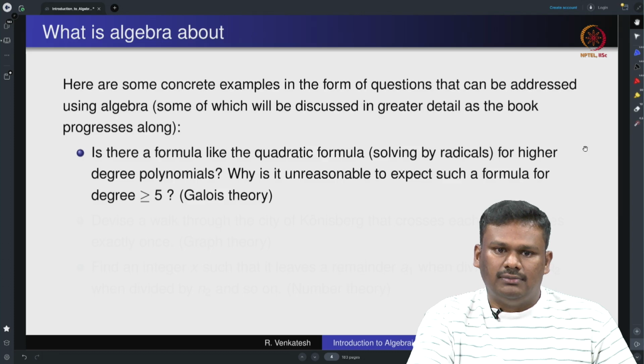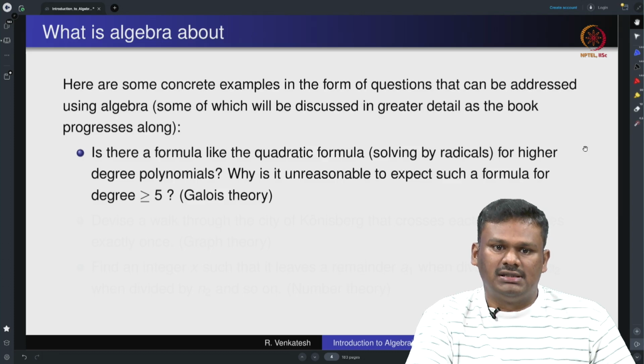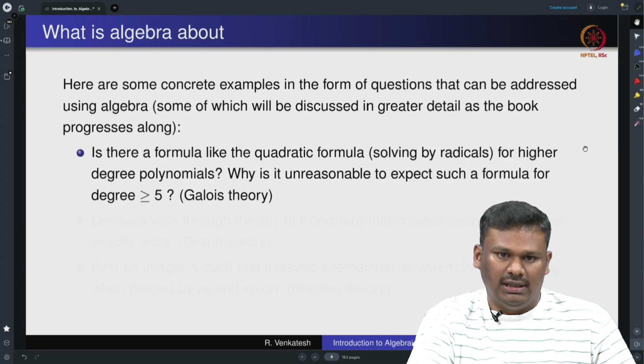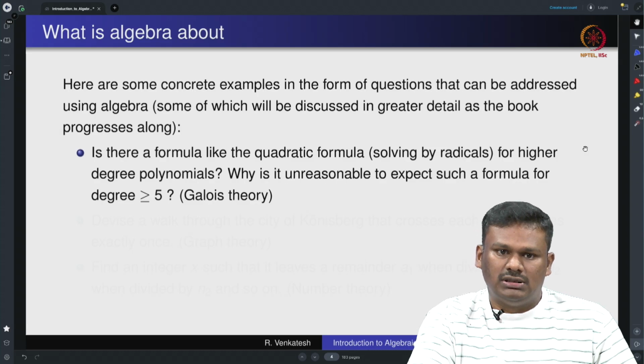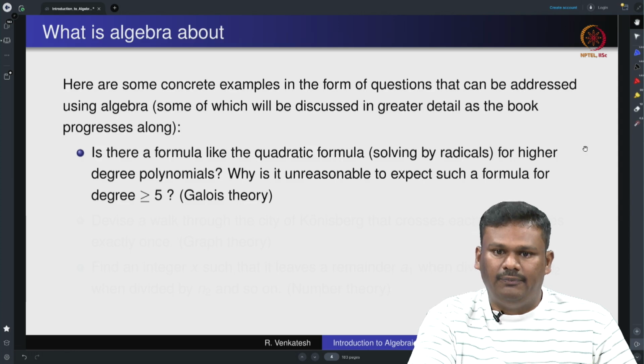One can do some basic calculation and then see. Similar formulas can be obtained for degree 3, and if you use a little bit more energy and time, you can also come up with a similar formula for degree 4.